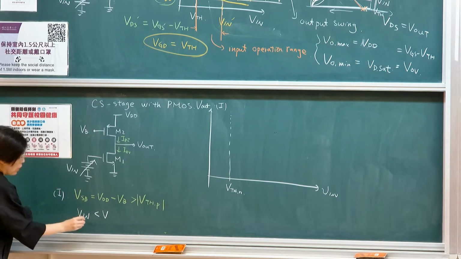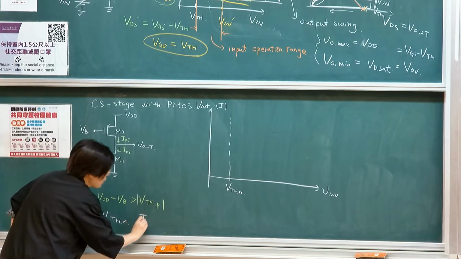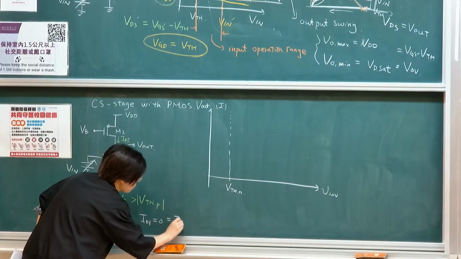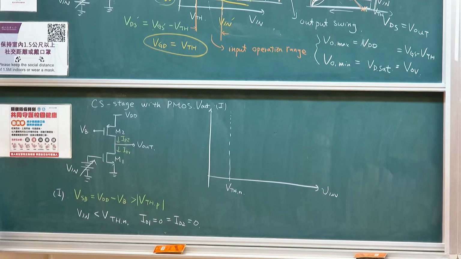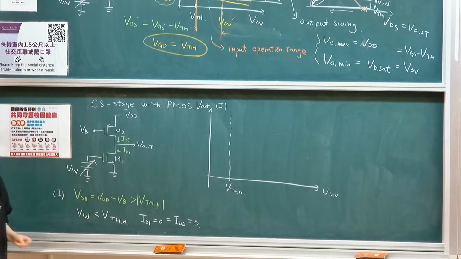So in region 1, Vin is smaller than threshold, meaning that ID1 equals 0. That is to say ID2 also equals 0. So you might think that it's confusing. I've already turned on the transistor, but there's no current. How does that happen?